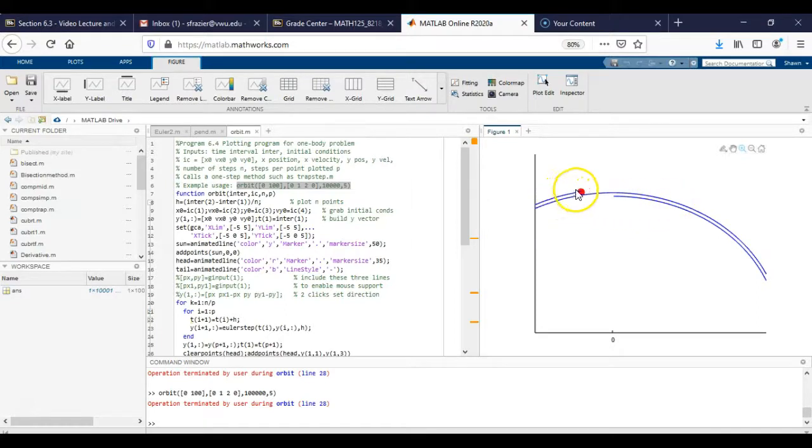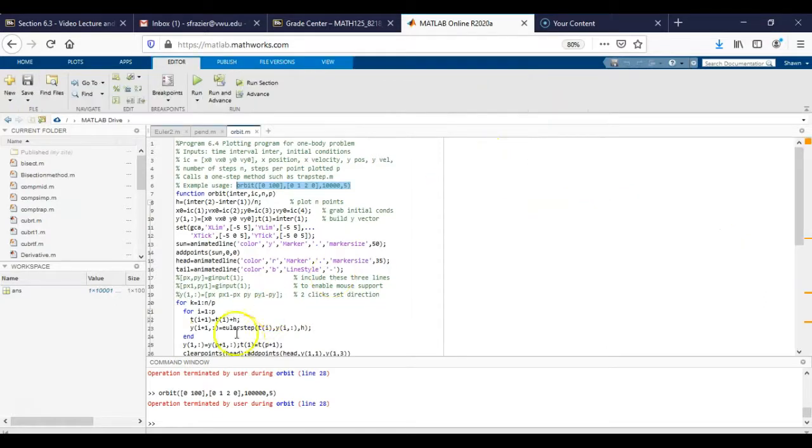So a better solution to the problem, but the planet is still flying away from the sun, which is not what it's supposed to do. So even with a small h, because Euler is a low-order method, it doesn't give us a very good solution. Let's try looking at the trapezoidal rule on the same problem.